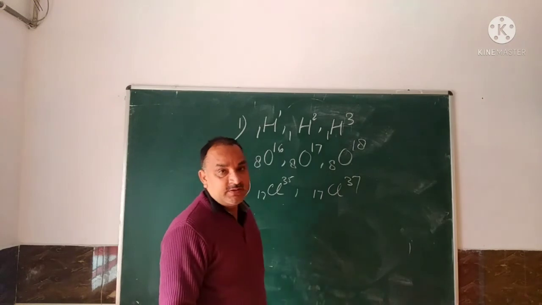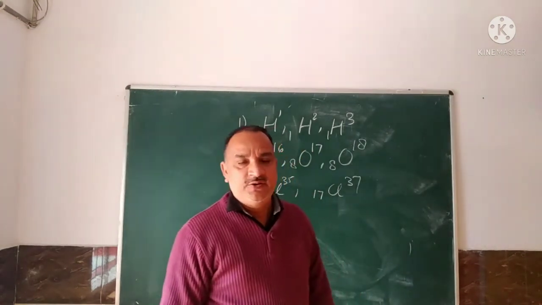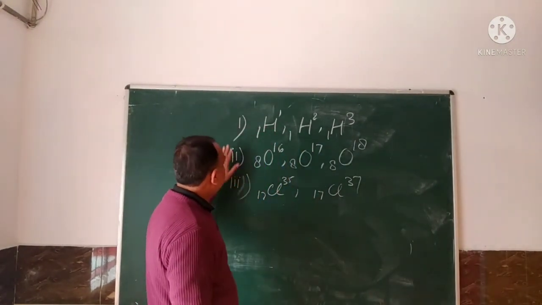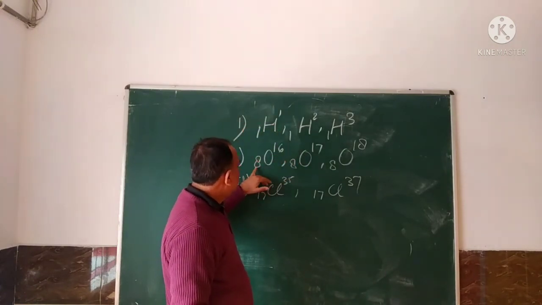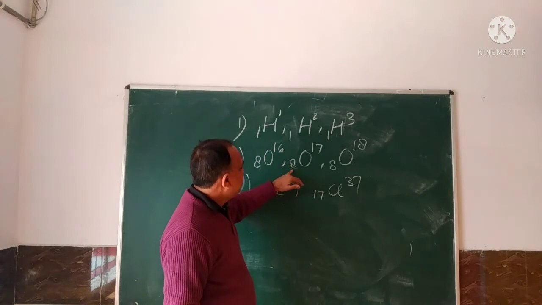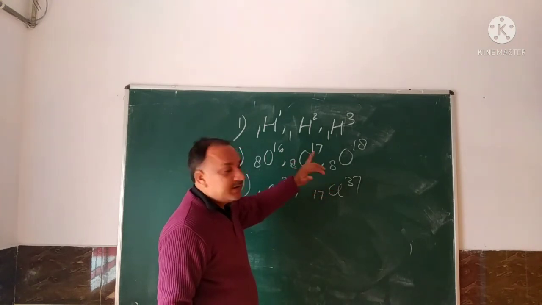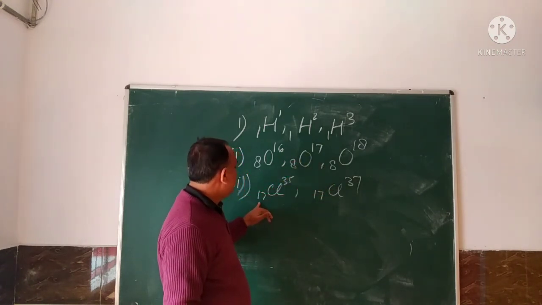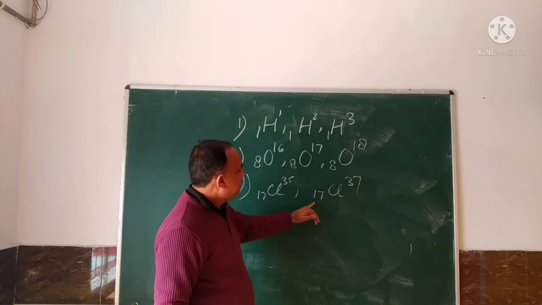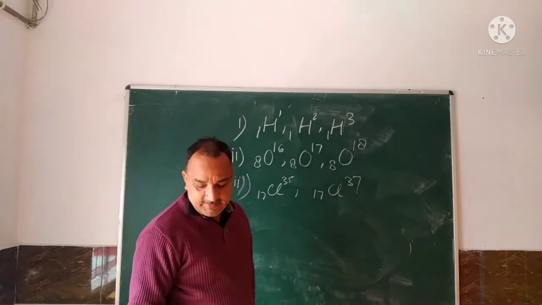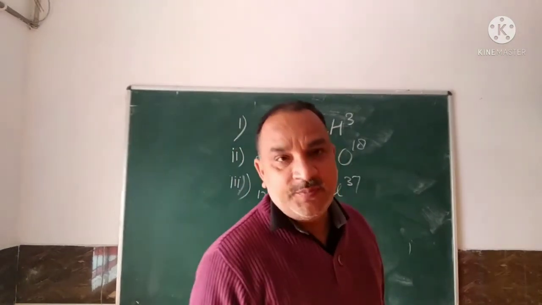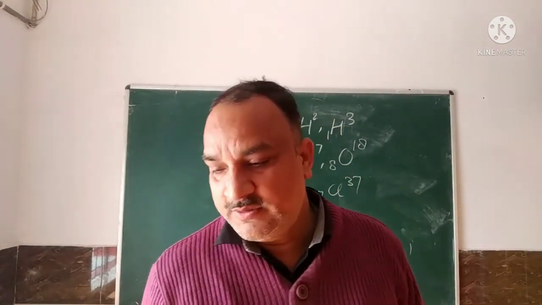Everyone find out the number of electrons, protons, and neutrons. There are three questions: 1, 1; 1, 2; 1, 3; oxygen 8, 16; 8, 17; 8, 18; then chlorine 17, 35 and 17, 37. I hope everyone understands that topic. If you do not understand, you can ask me.